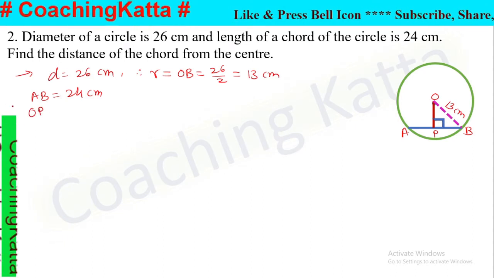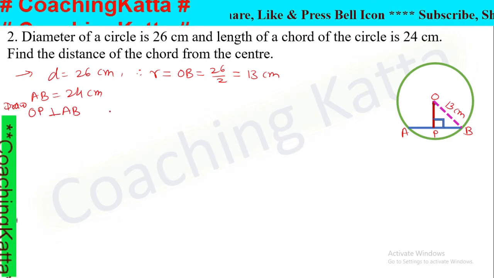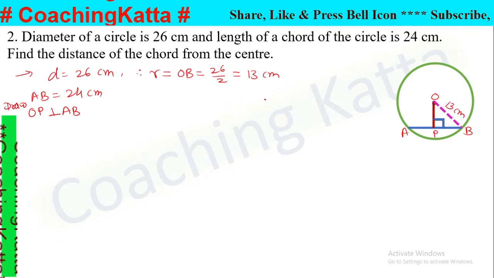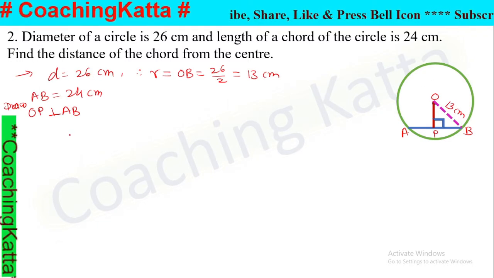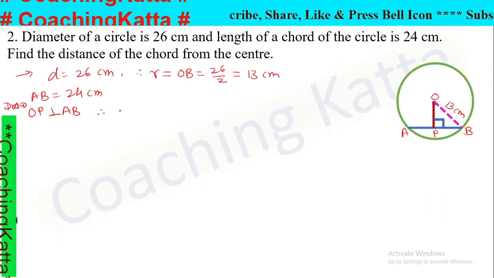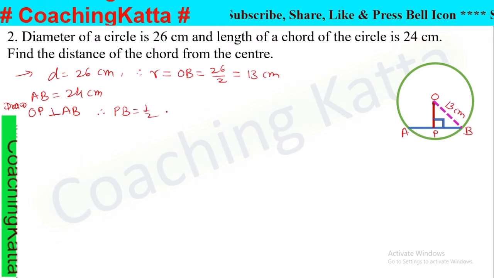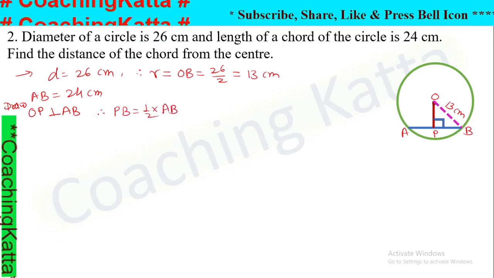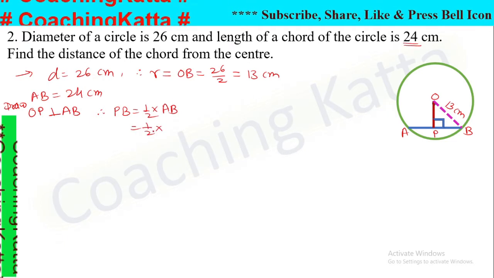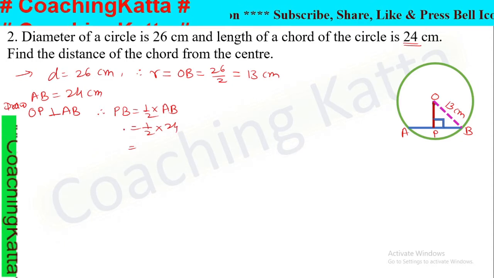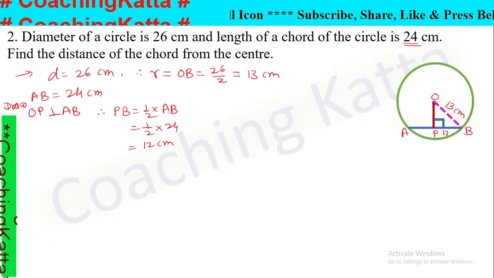Draw OP perpendicular to AB, and we know that the perpendicular from center bisects the chord, and therefore by that theorem we get PB equal to half of AB, and put the value of AB. It is given that 24 centimeter, that is length of chord. Therefore PB equal to 12 centimeter. So write here 12 centimeter.